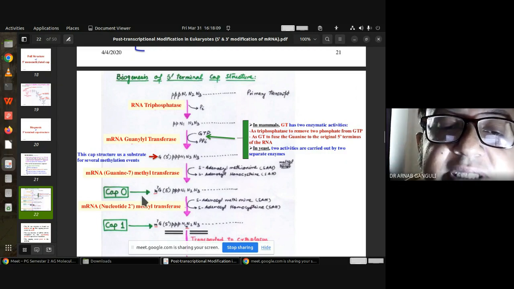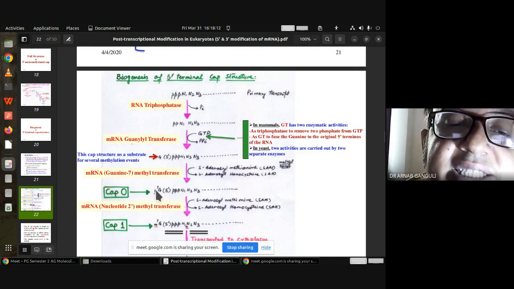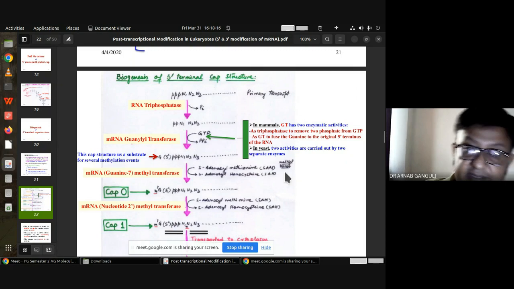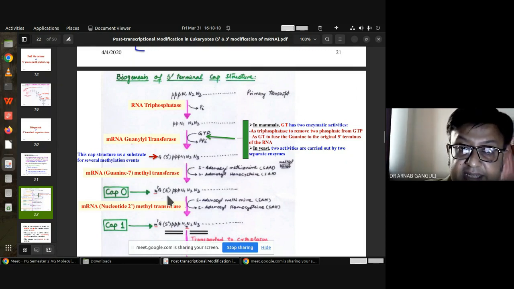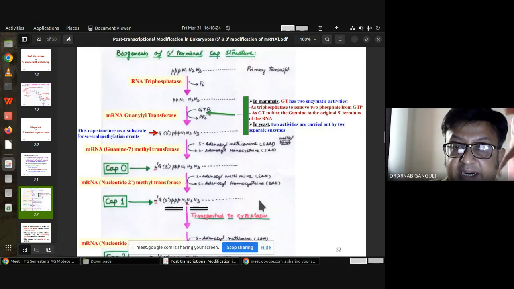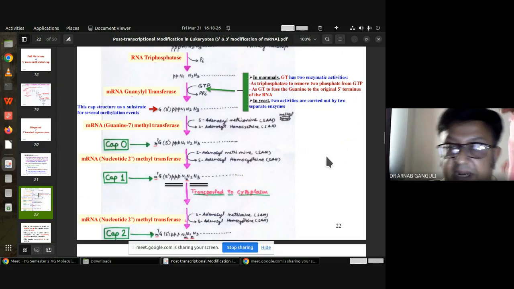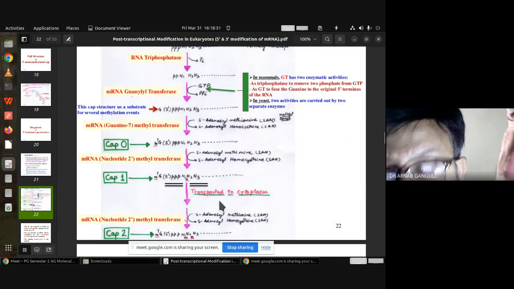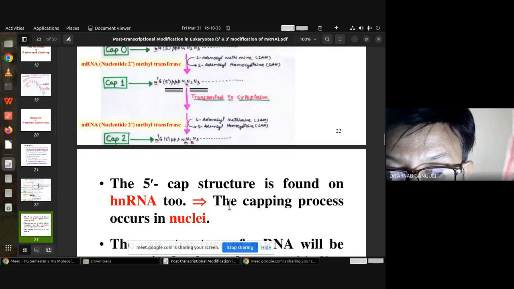The methyl group is given over here to guanosine at the 7th position of guanine. And then cap 0, cap 1, cap 2, again from another molecule it is taken. And it is transported from the nucleus to the cytoplasm.